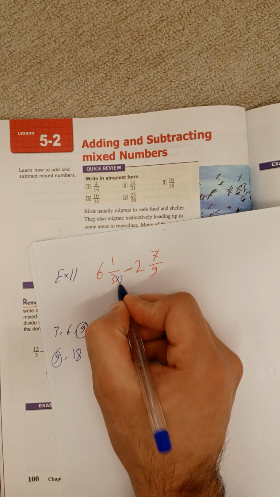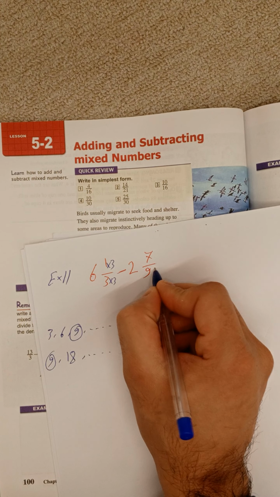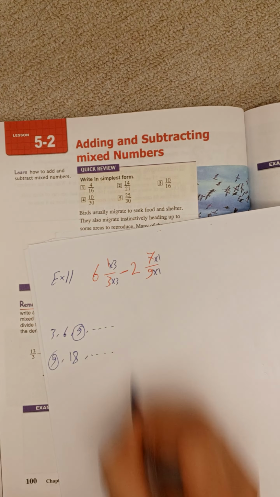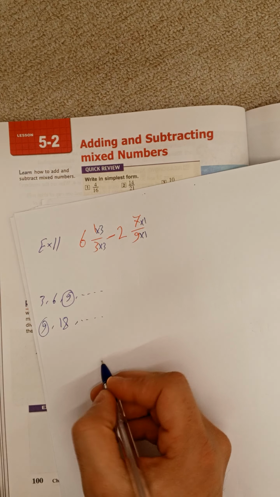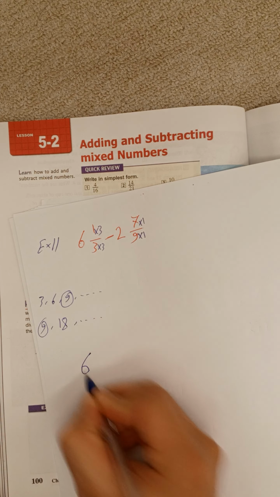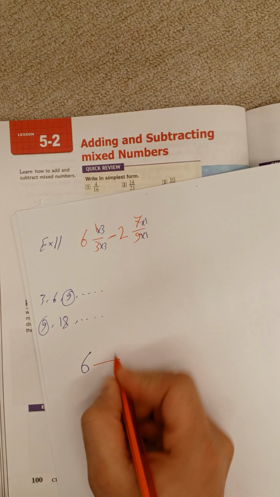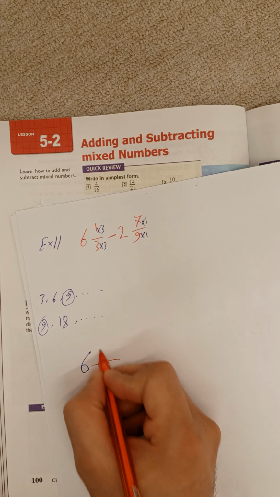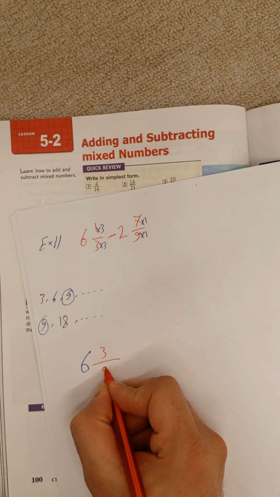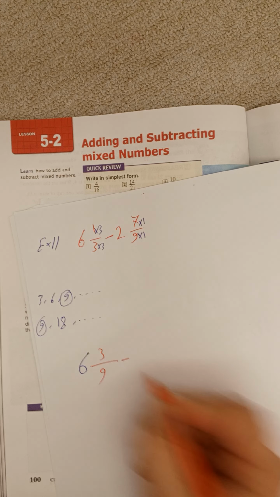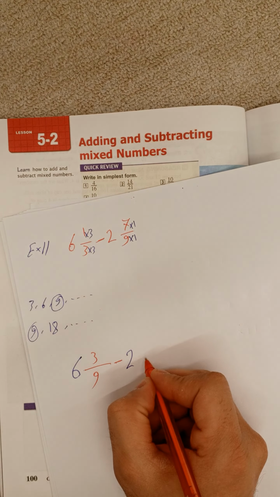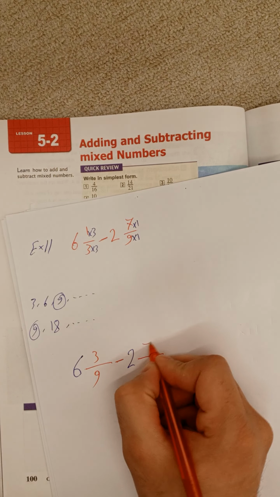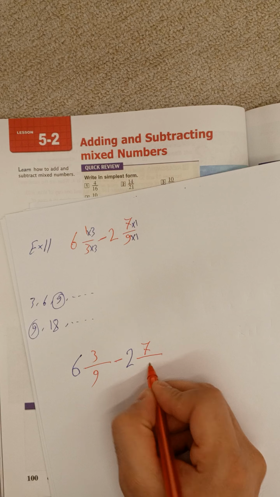Multiply by 3, multiply by 3, multiply by 1, multiply by 1. So this one is going to be 6, and 1 times 3 is 3, 3 times 3 is 9, right? Minus 2, and the second one is 7 times 1 is 7, 9 times 1 is 9.